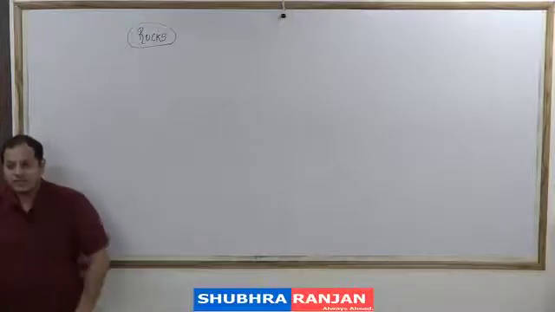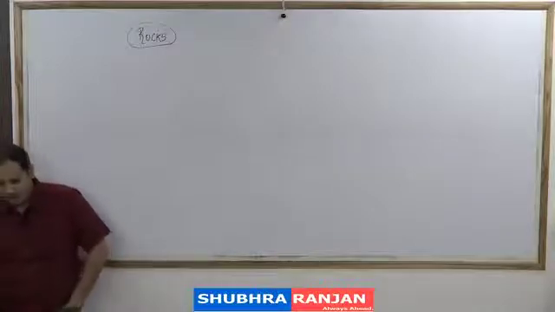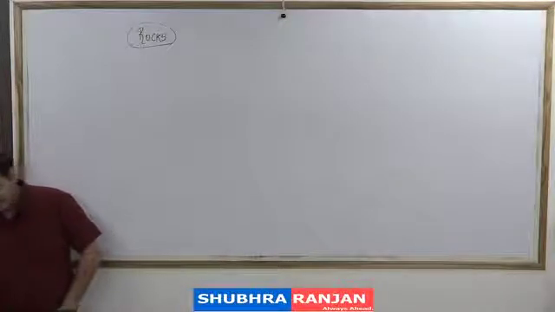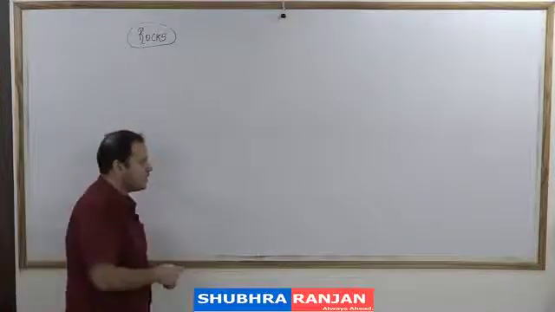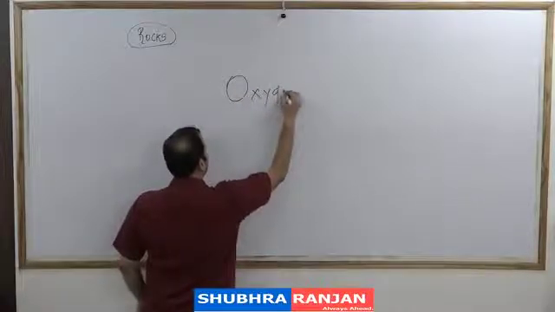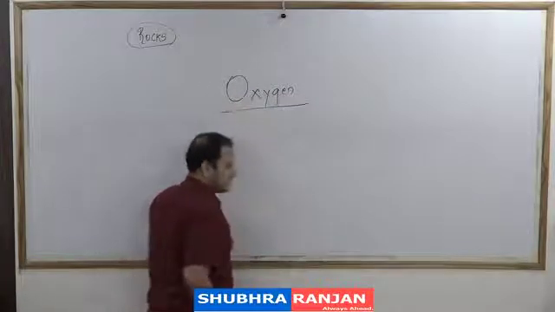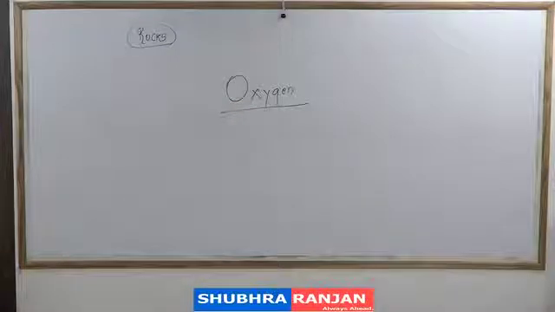तो वन मोर स्टेटमेंट, द मोस्ट डोminant मिनरल in the earth's crust is कौन सा होगा ऊपर में से? Oxygen. The most dominant element in the earth's crust is oxygen.